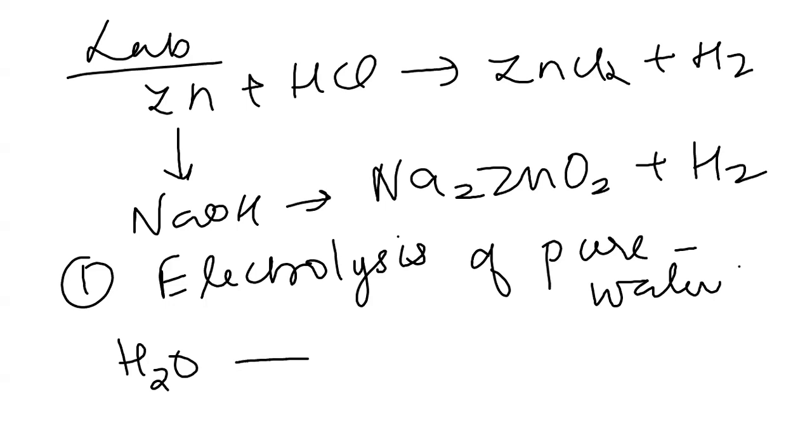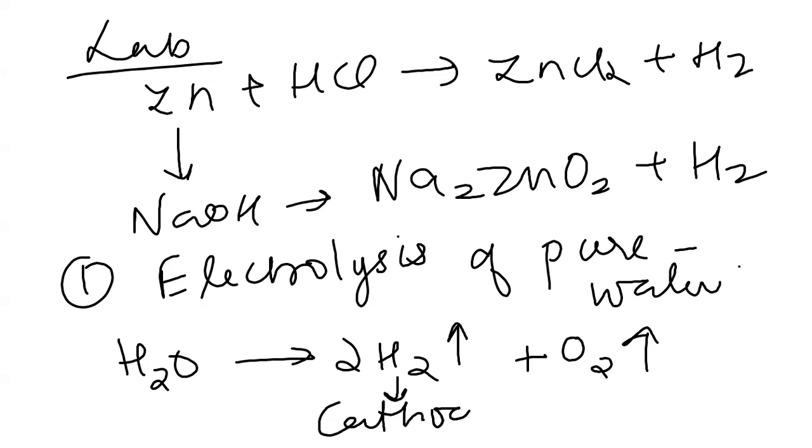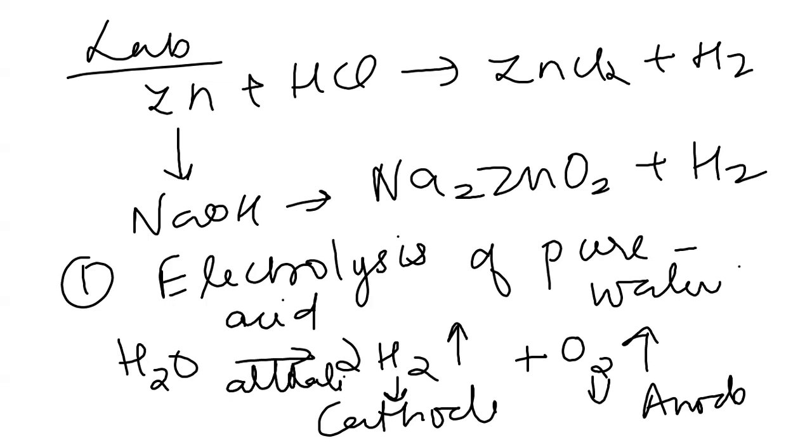If we electrolyze water, it will give 2 volumes of hydrogen gas, and oxygen gas will be evolved. Hydrogen gas is obtained at the cathode and oxygen gas at the anode. In this we can add either acid or alkali.